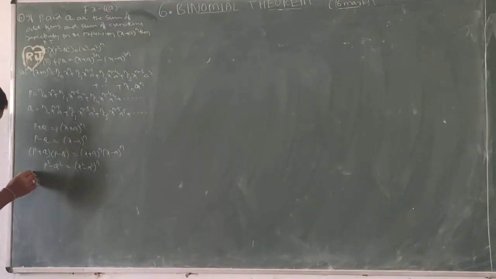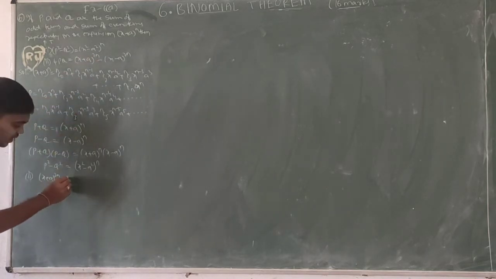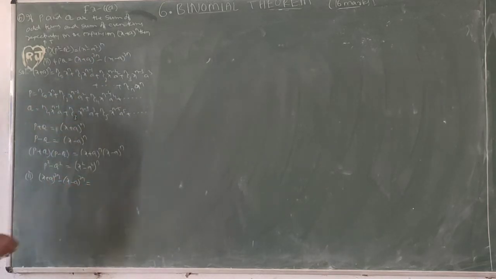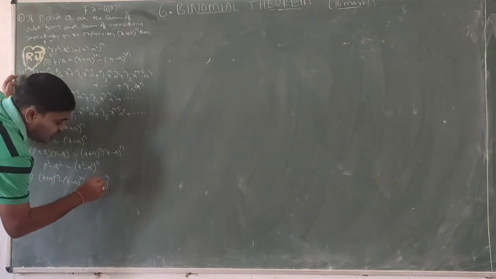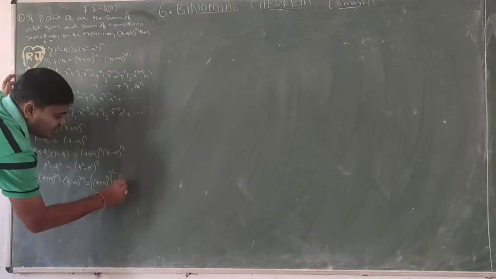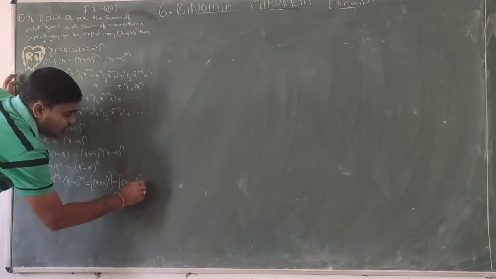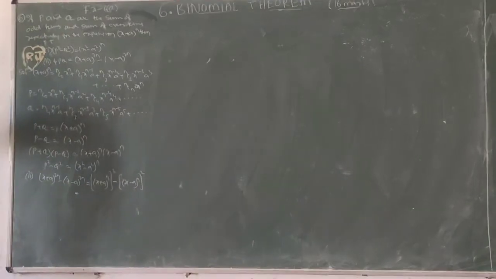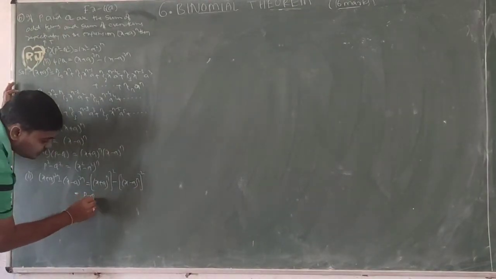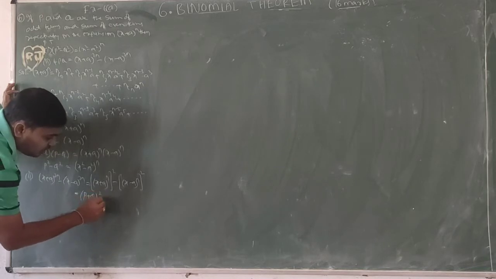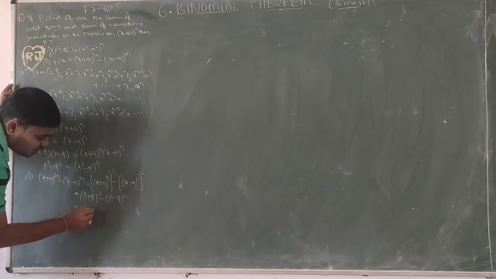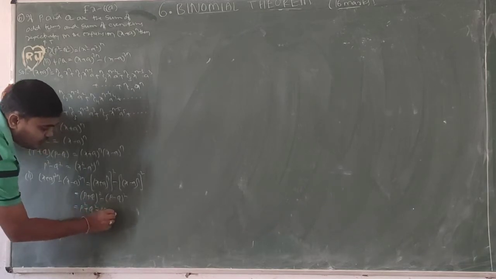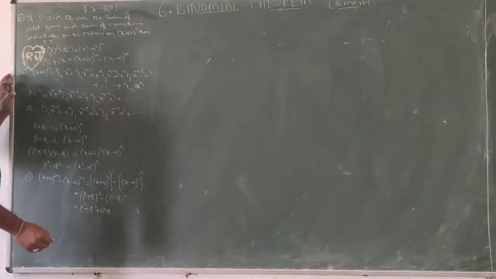Now the second, (x plus a) whole power 2n minus (x minus a) whole power 2n. So now I want to write this as (x plus a) whole power n whole square minus (x minus a) whole power n whole square. (x plus a) whole power n equal to p plus q, so (p plus q) whole square minus (p minus q) whole square. (p plus q) square is p square plus q square plus 2pq. (p minus q) square is p square plus q square minus 2pq.